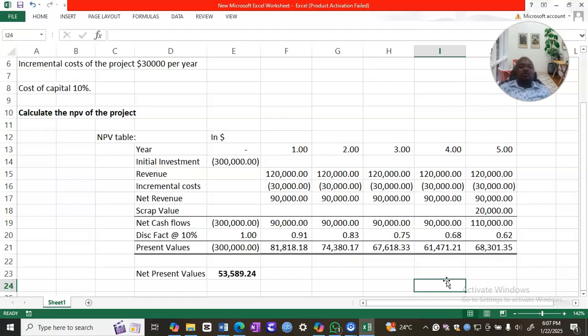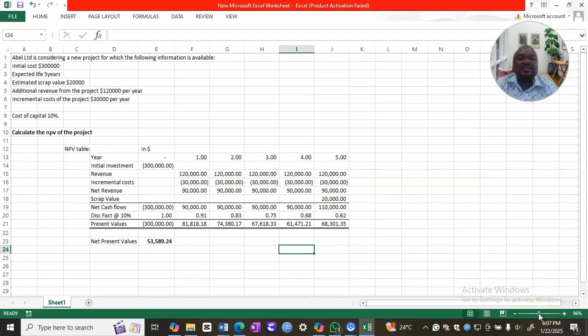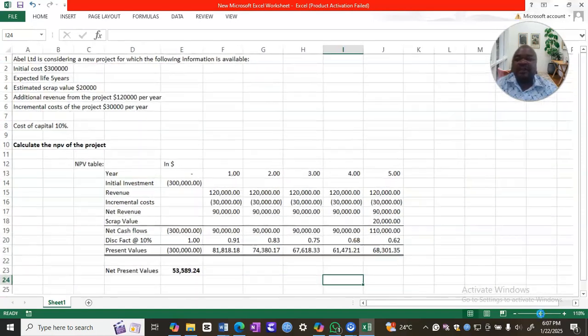They want to know the sizes of your figures. Are they in millions or so? In this case, they are in dollars, not in millions or in thousands, but just in unitary dollars. So that was how you were supposed to have calculated the present value.